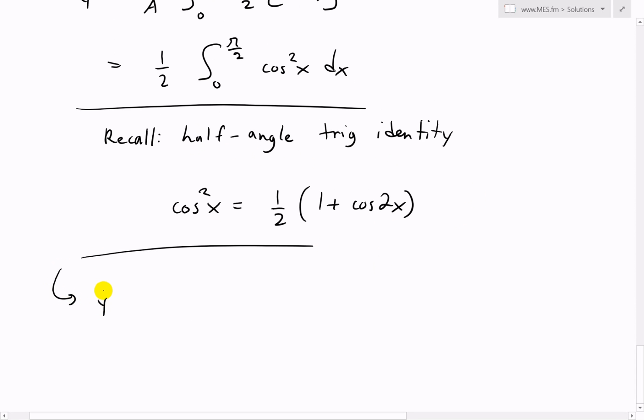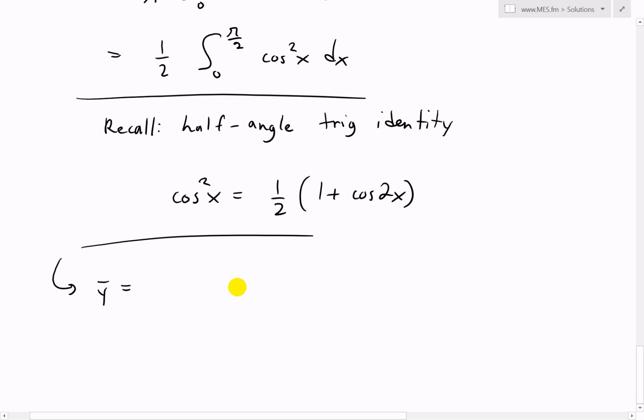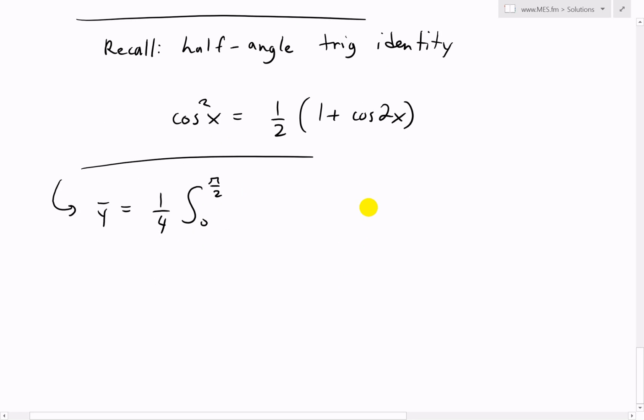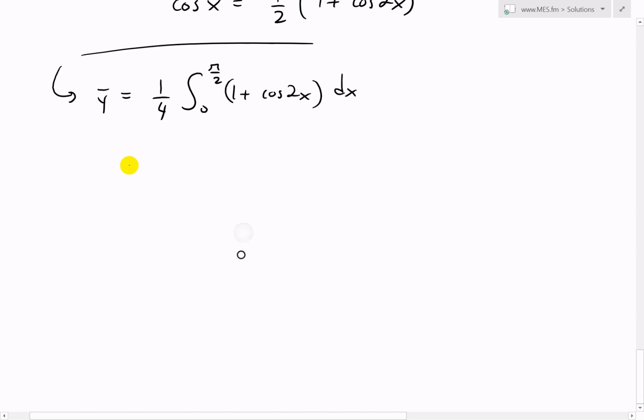We get the y coordinate of the center of mass is equal to, so we have this 1/2 and this 1/2, that's 1/4. And then integral from 0 to pi over 2, and now we have the cosine squared, replace it with this 1 plus cosine 2x, and this 1/2 goes there. So dx, now we could solve this fairly easily.